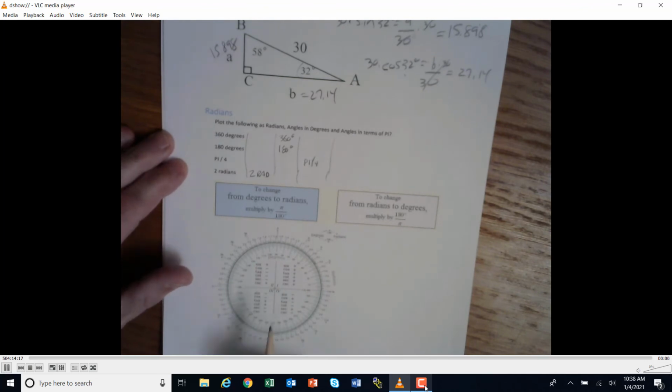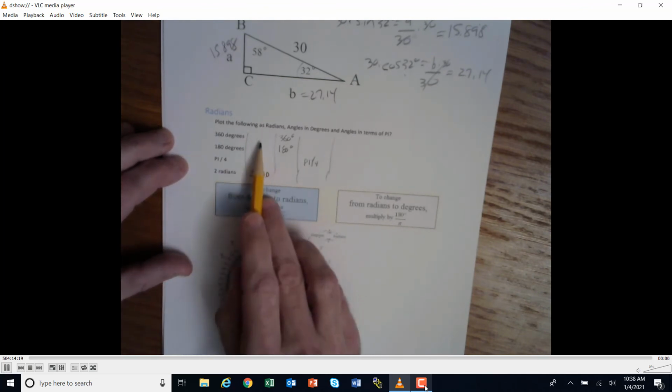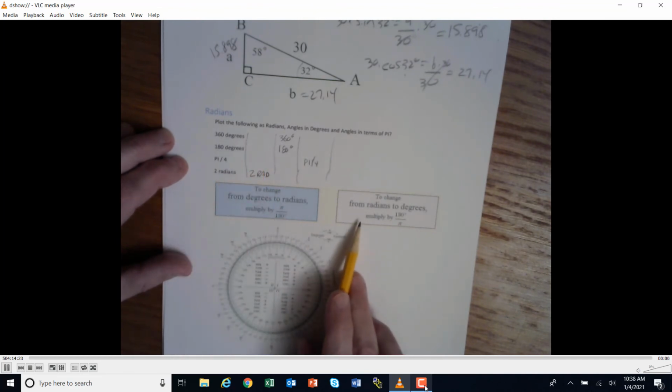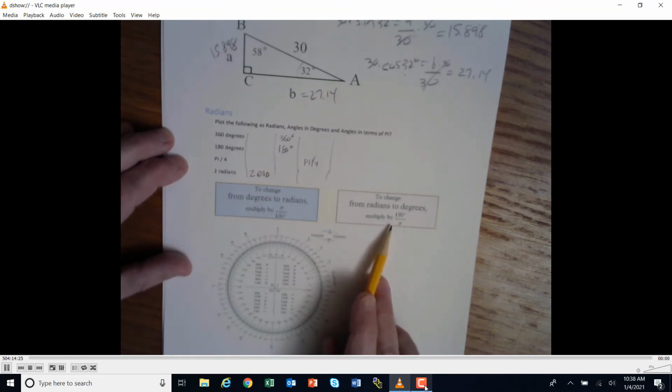First of all, this column here is radians. To change from radians to degrees, we multiply 180 degrees divided by pi.